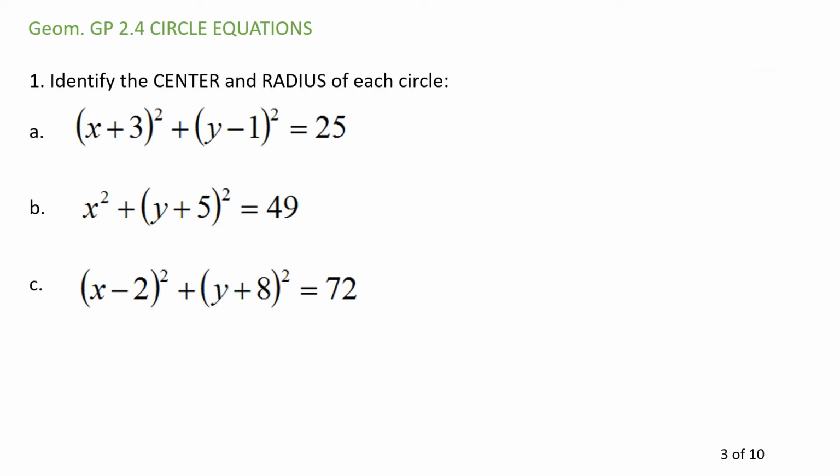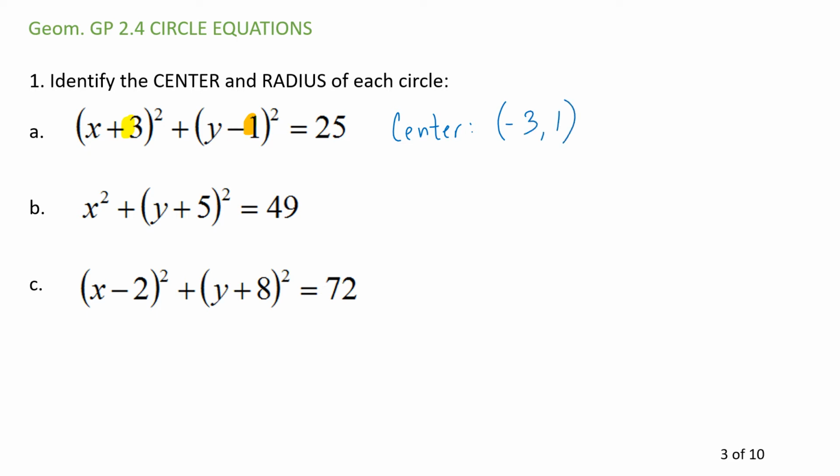So with that in mind, this says find the center and the radius of the circle. To find the center, you basically change the x, change the y. The center of this circle is -3, +1.